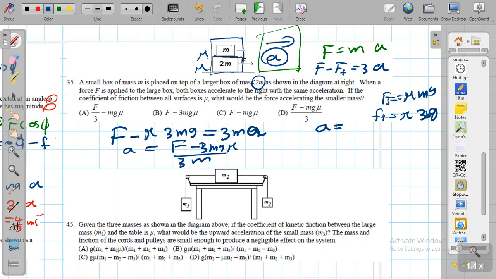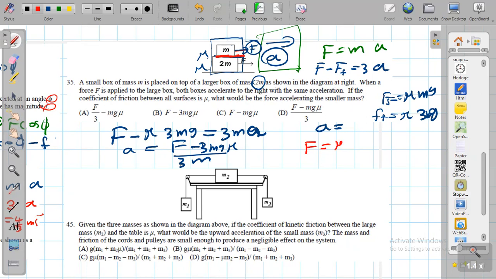Now I need to find out the minimum force required to drive the small mass under the same acceleration. The friction is the driving force now. So you have to provide the friction with the acceleration.